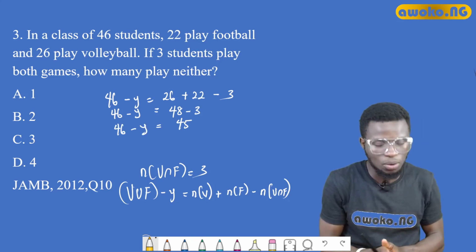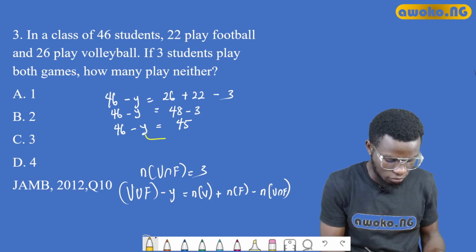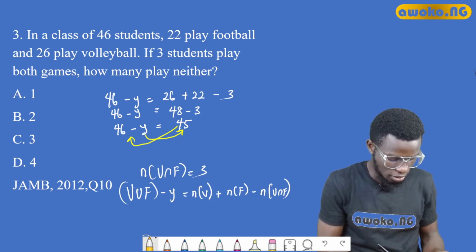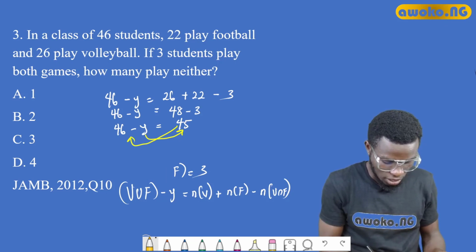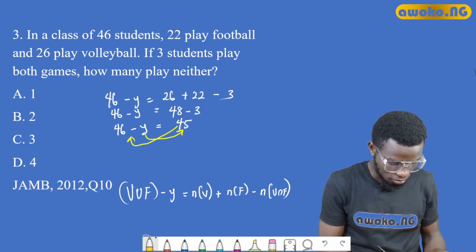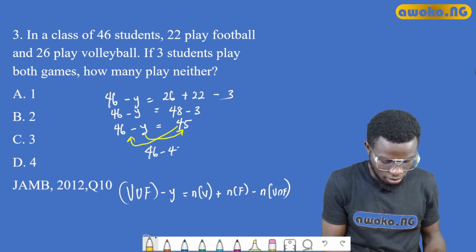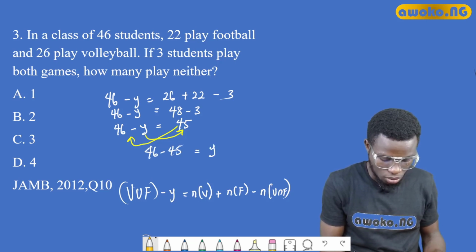Then we have 46 minus Y equals 45. If I want to make Y stand alone, I take Y to the other side of the equation and bring 45 over here. So I have 46 minus 45 equals Y. Therefore, Y is equal to 1.